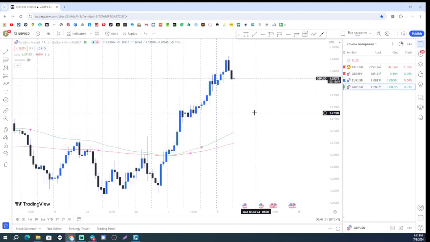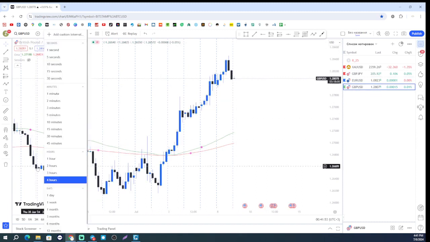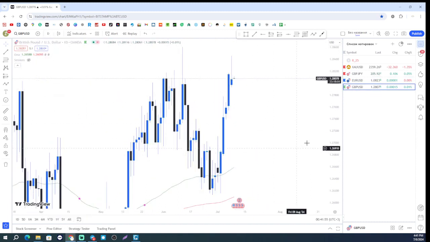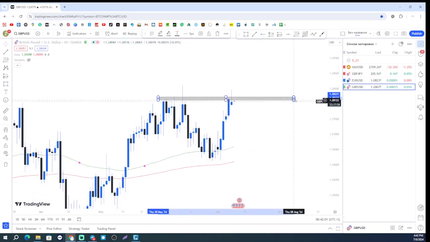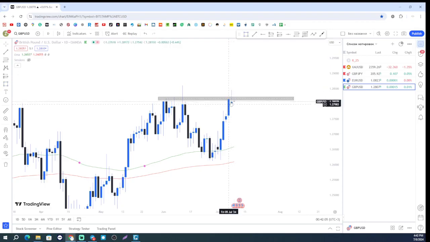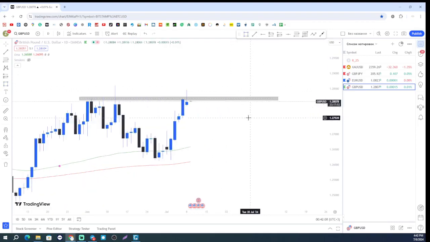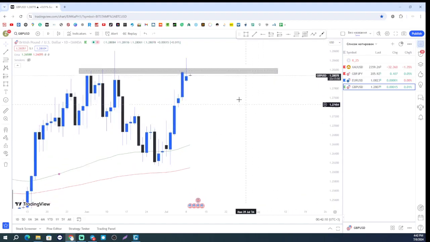On the GBP USD on the daily time frame, let's just see how it looks. We're basically sitting right now at this huge support, and today we literally closed the market with a beautiful pin bar. It's very beautiful, very nice.